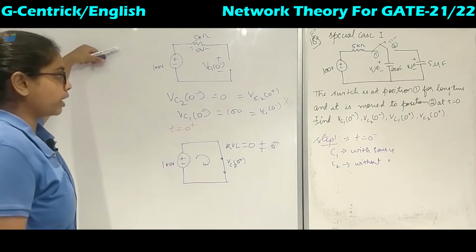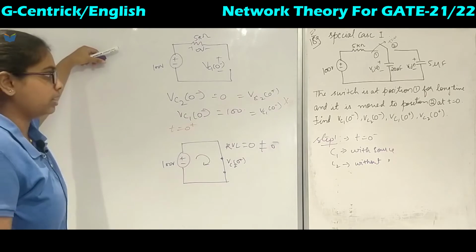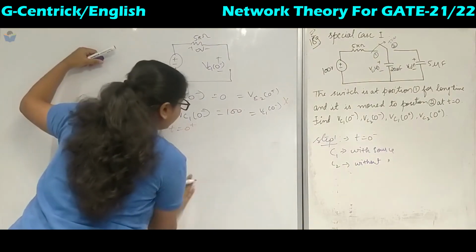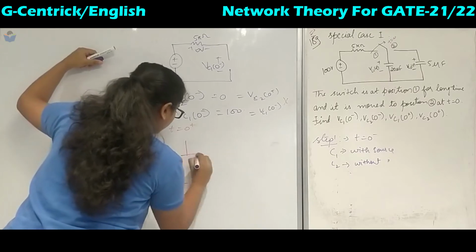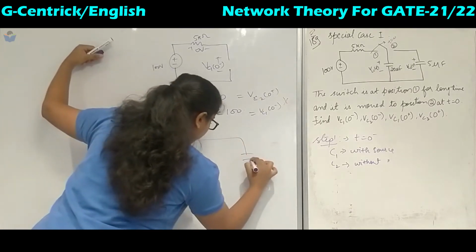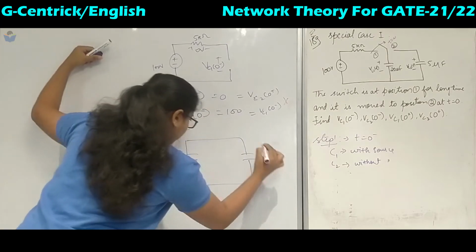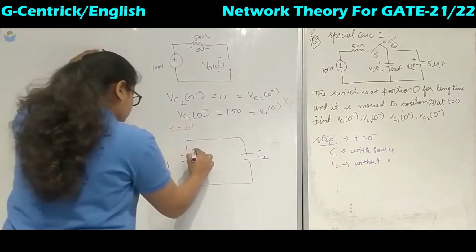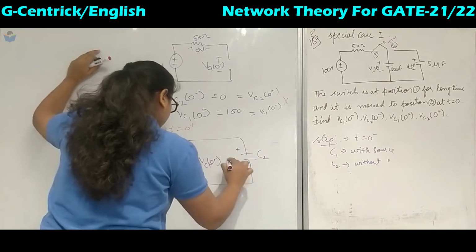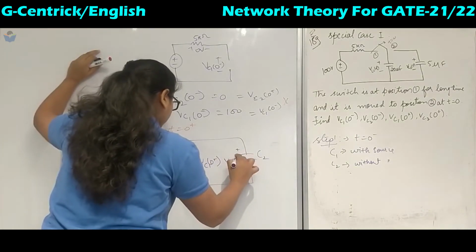Okay, so now to find out why it is happening is the main thing. Okay, so we will redraw the circuit with switch at position 2. So this is C1 and this is C2. Okay, C1, C2 and the voltages across them will be Vc1 of 0 plus and Vc2 of 0 plus.